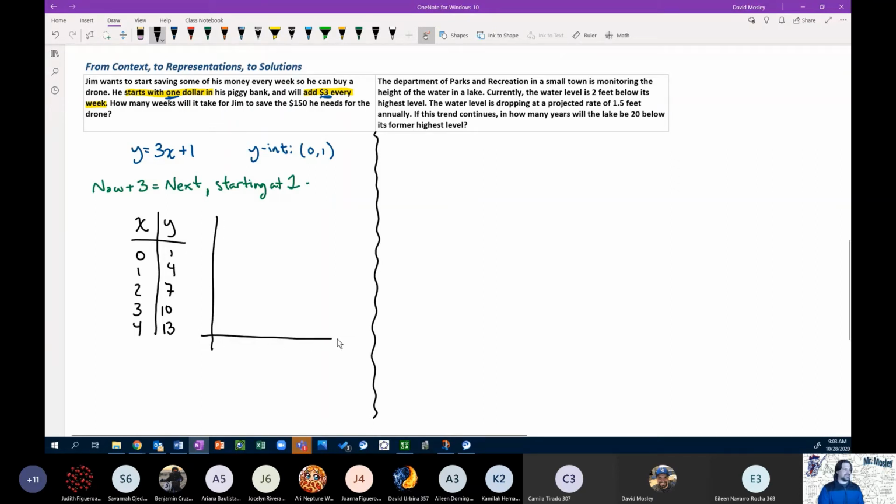In this case, it doesn't make sense to do the negative portions of our graph because we're talking about money and time.